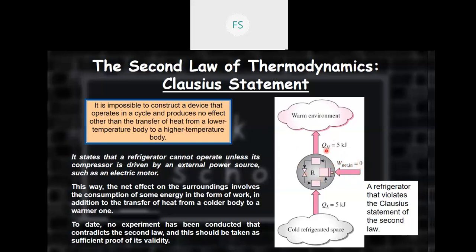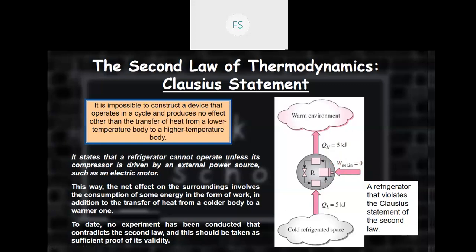This system violates the Clausius statement of the second law, because Clausius said that it is impossible to construct a device that operates in a cycle and produces no effect other than the transfer of heat. So there must be another effect, which is work input. It states that a refrigerator cannot operate unless its compressor is driven by an external power source, such as an electric motor. Therefore, it needs work to operate.